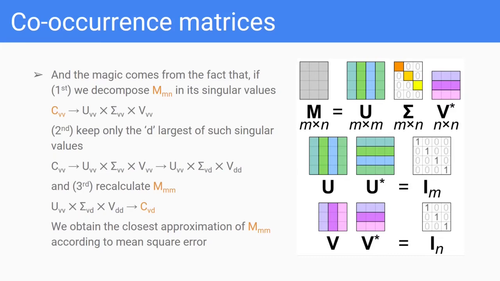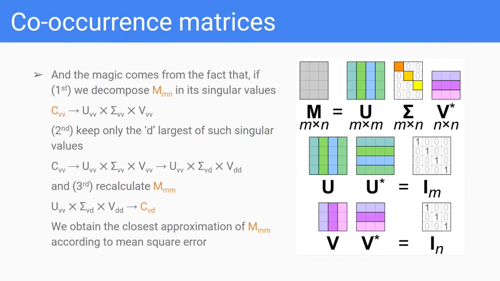These orange values, the first values in the first rows and first columns, are the highest, and the other ones tend to be lower and lower. So when you start cutting this matrix by dropping the lower columns, those are the ones that drop the least information, and the same intuition happens in principal component analysis and the other ways.